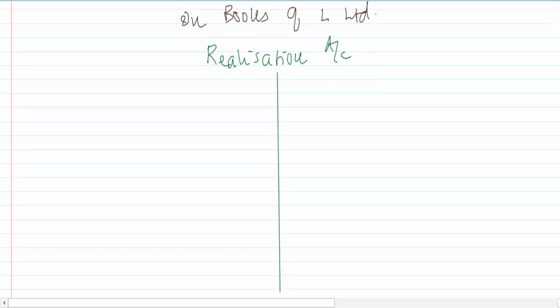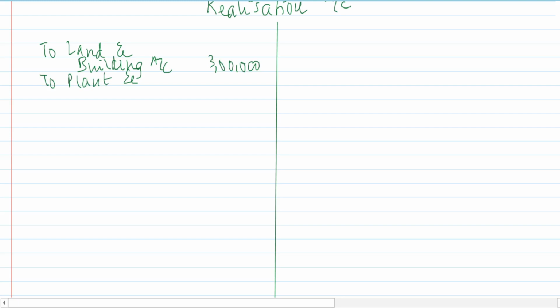What is needed to be done has become clear. So start transferring the assets to realization, to land and building. Relax. There's no goodwill here. Plant and machinery, 5 lakhs.